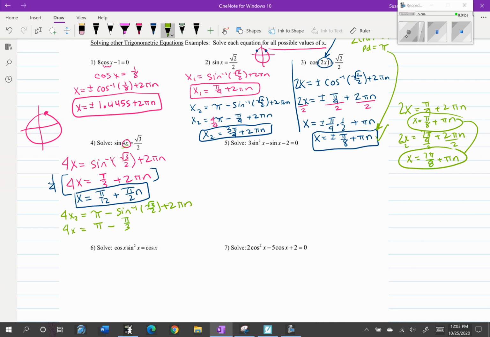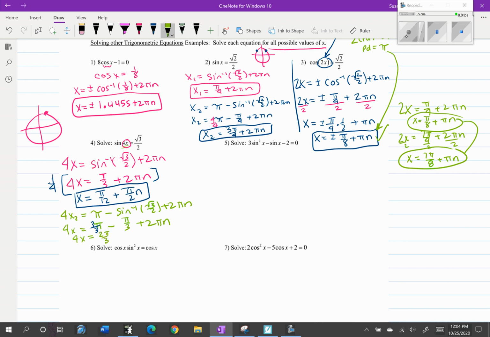It's the answer to our first part of the equation. So pi minus pi over 3 plus 2 pi n. Then when we solve, we get 4x is equal to, here we have to get a common denominator, so multiply this by 3 over 3. So 3 pi over 3 minus pi over 3 gives me 2 pi over 3.